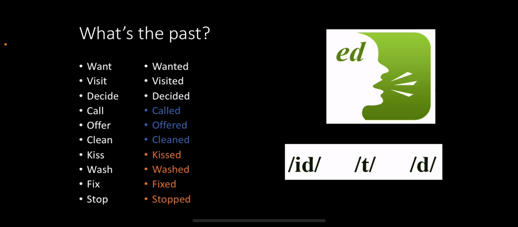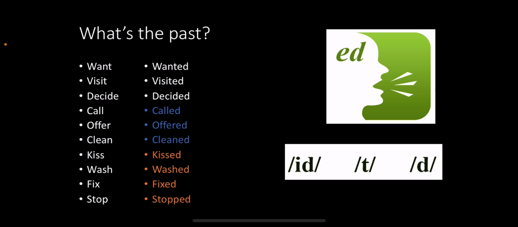Those verbs finish with the sound d or t. So when we create the past with ed, we pronounce the ed like id, because the original has a t or d sound. So we say wanted, visited, decided.